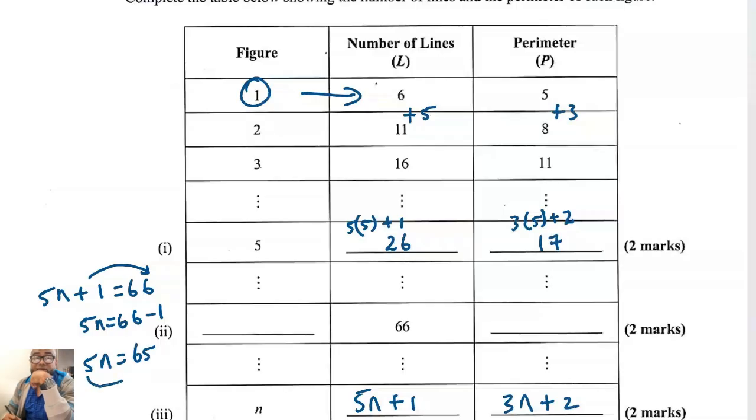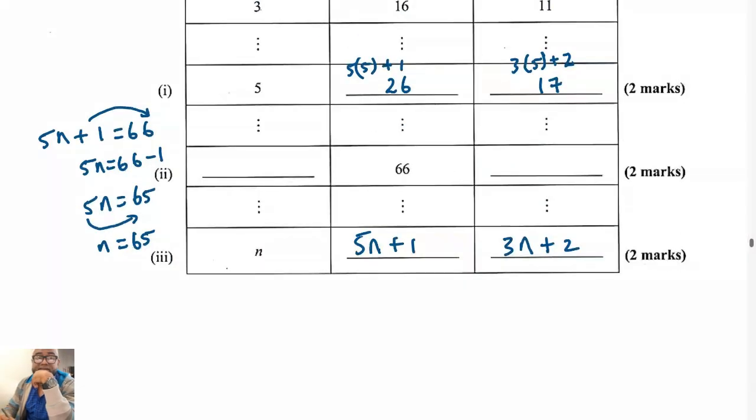Then what do we do with the 5 when we carry it here? n is equal to 65 divided by 5, which gives me 13. So 13 is n.